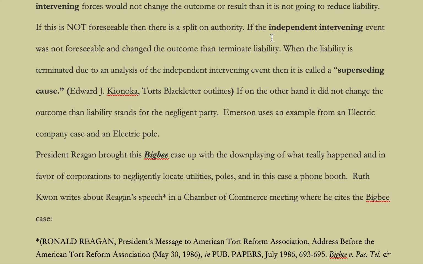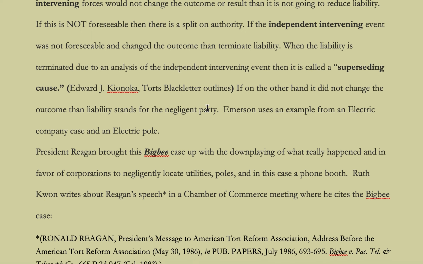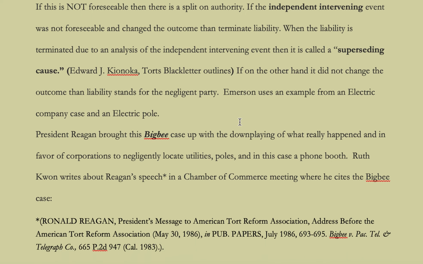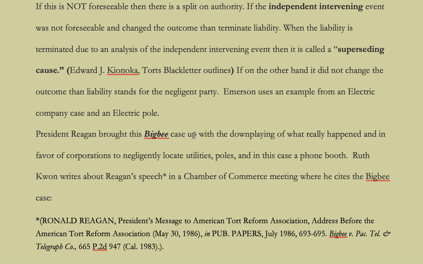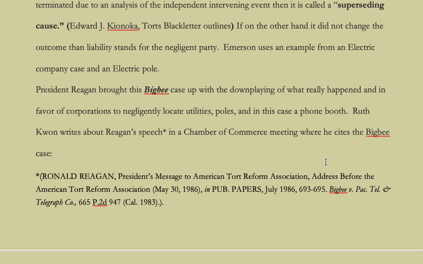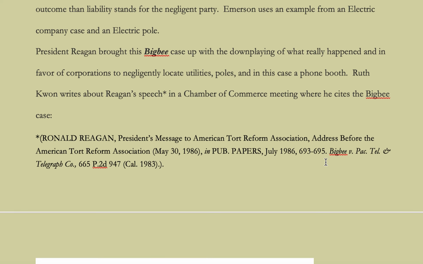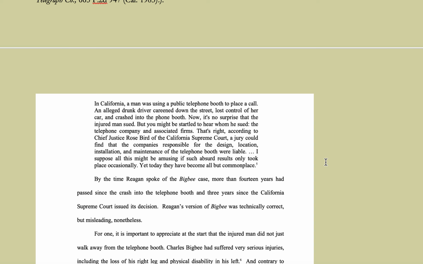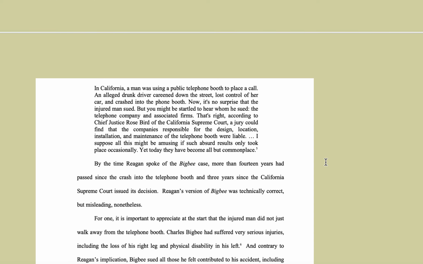But if it doesn't change the outcome, then the liability stands with the negligent party. Now, Emerson uses this electric pole, which is similar to this Bigbee case that Reagan kept bringing up. But I thought it was interesting to have the politics of how he put it.